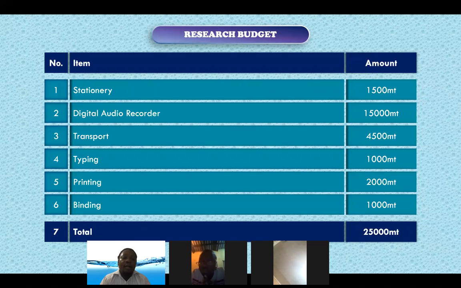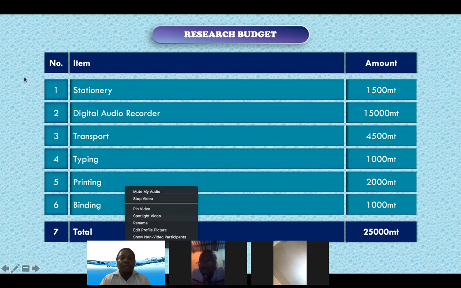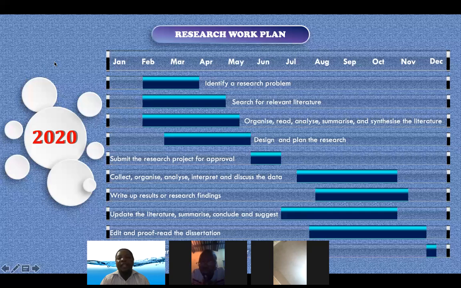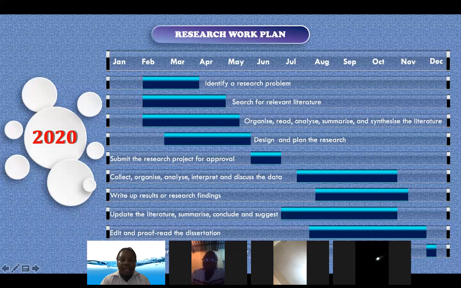So now I was talking about the research work plan. Remember, we talked about the activities, we talked about identifying a research project. For example, if you look at this research work plan, you will understand that this person identified their research problem between February and March.